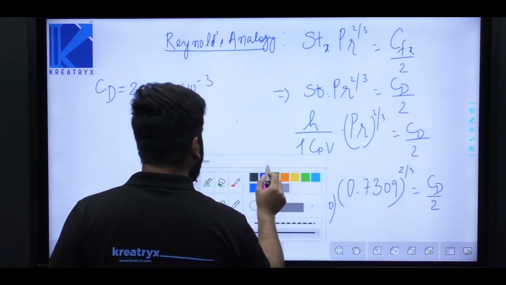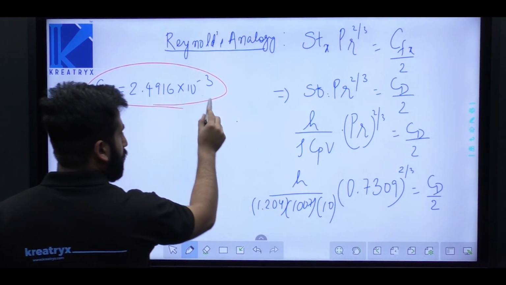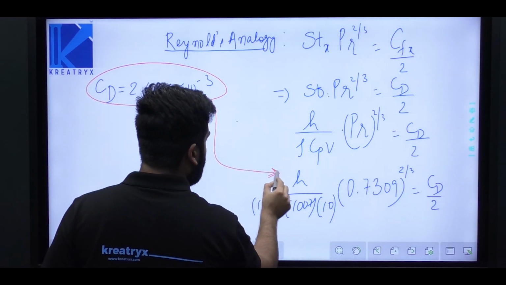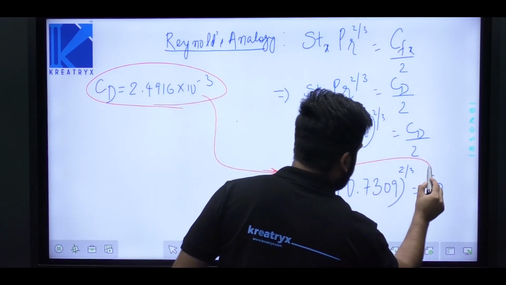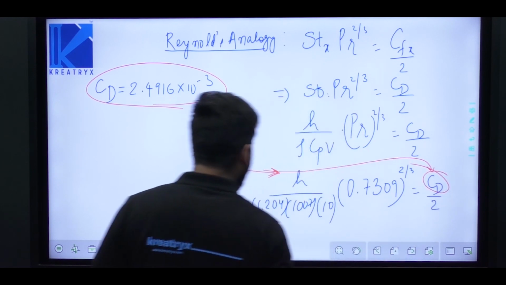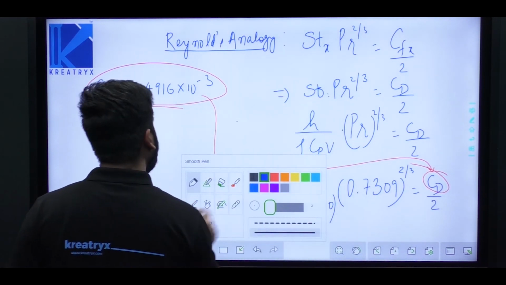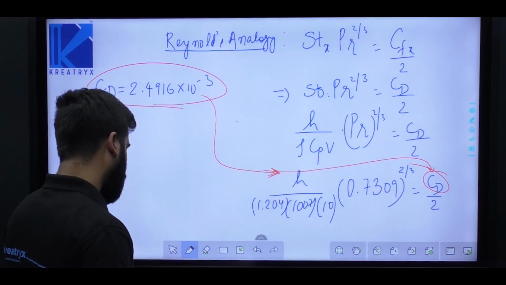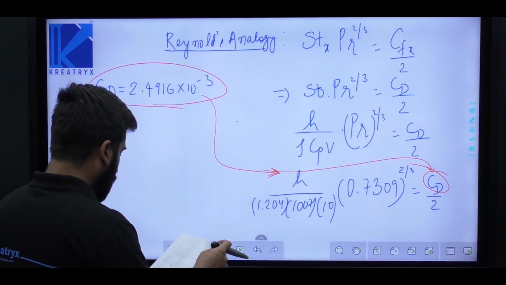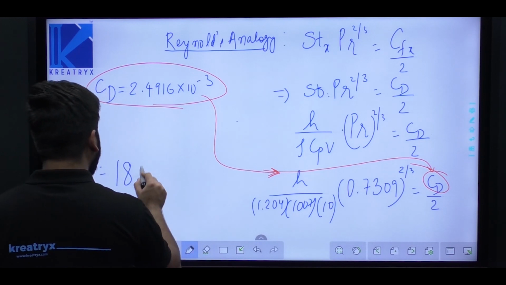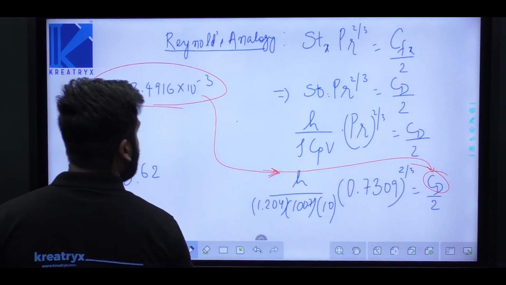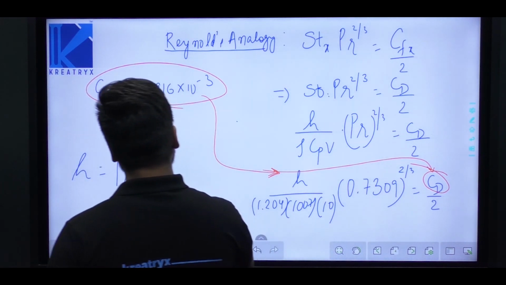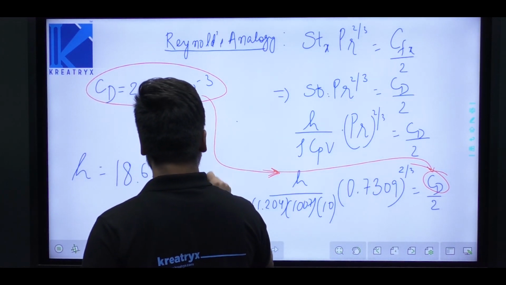Put this value in the expression and you will get H. H comes to about 18.62 watt per meter square degree Celsius.